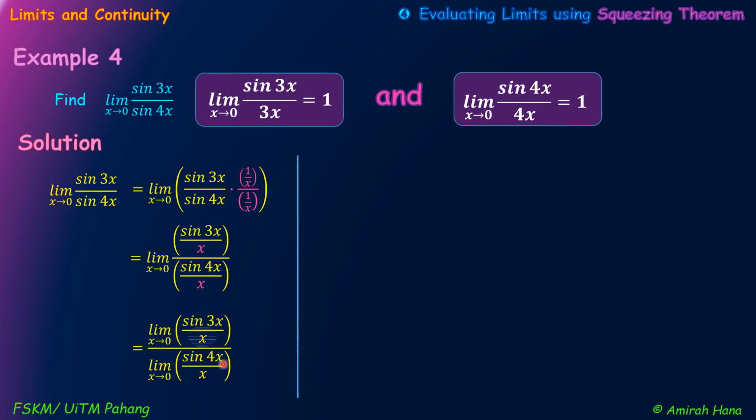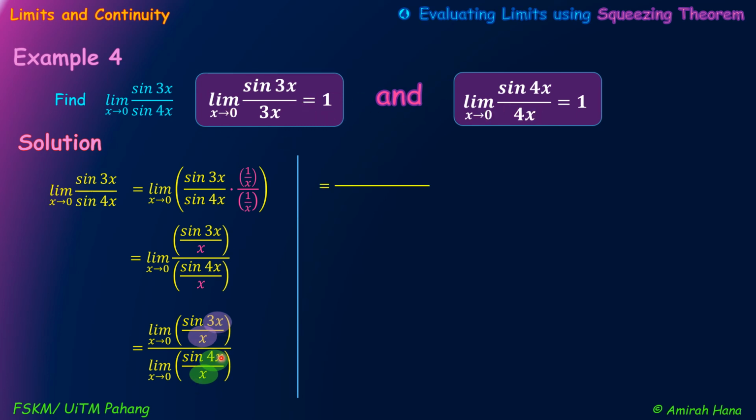Now look at this. We have x here, but the argument of sine equals 3x. And we have x here, but the argument of sine equals 4x. So we need to adjust the denominator so that we get 3x here and 4x here. Then we can use the squeezing theorem.